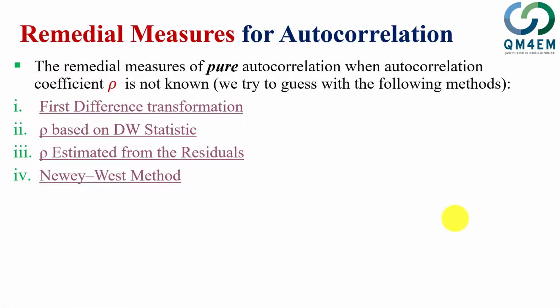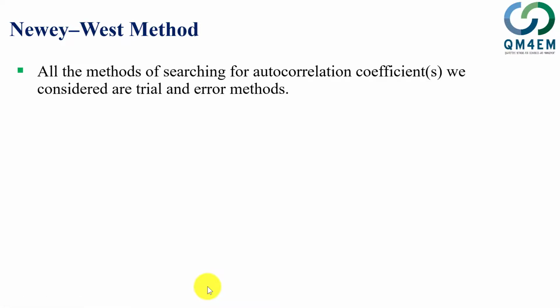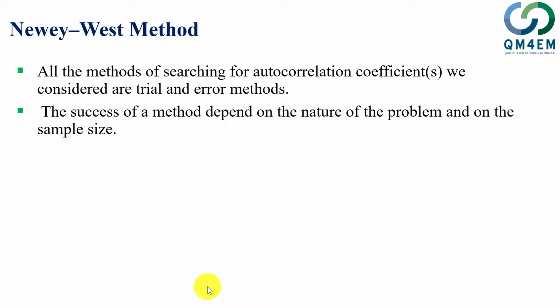So moving to the final method of remedial measure for autocorrelation, the Newey-West method. Before telling about this method, let me remind you that all the methods which we have discussed a while ago are based on trial and error, and mostly the success of these methods depends on the nature of the problem and on the sample size.